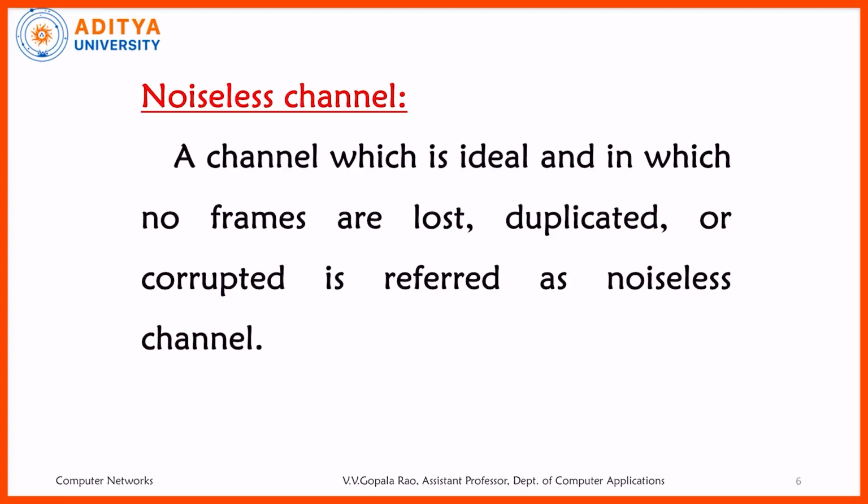That means there is a guarantee that whatever frame you send will definitely reach the receiver, and the receiver is able to identify all the frames sent by the sender in the same sequence. That is about the noiseless channel. But practically speaking, it is very difficult to establish a noiseless channel because it is very expensive.